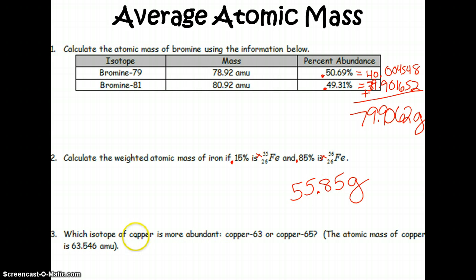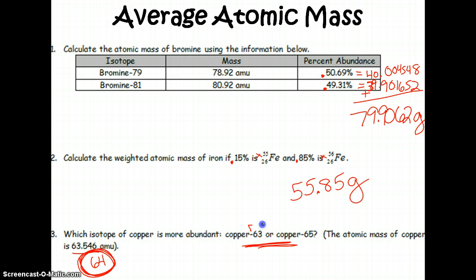Which isotope of copper is more abundant, copper 63 or copper 65, if the average atomic mass of copper is 63.546? Well, when you round that, it rounds up to 64. Copper 64 is not a choice, so that doesn't help me at all.